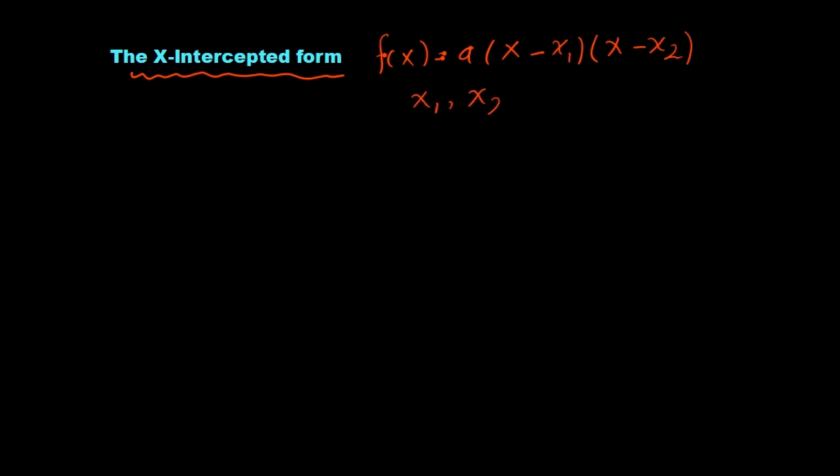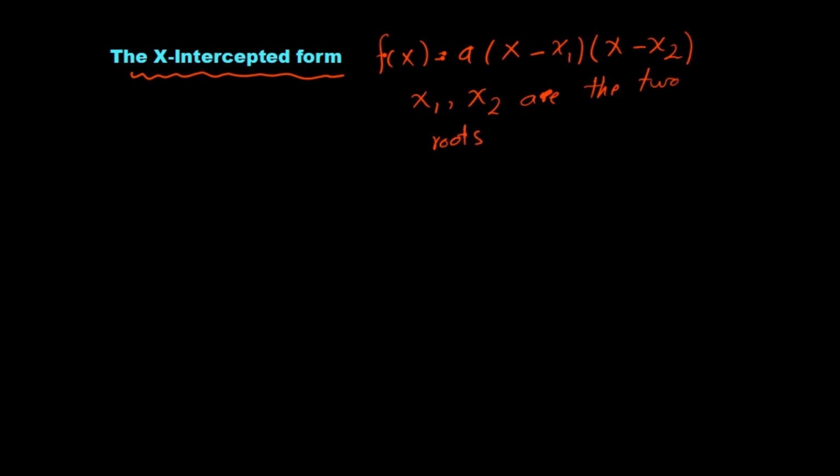Today we will speak about the x-intercept form. f(x) = a(x - x1)(x - x2), where x1 and x2 are the two roots of the equation.